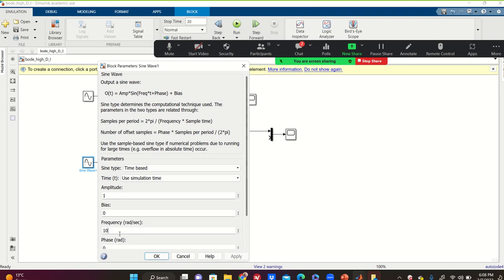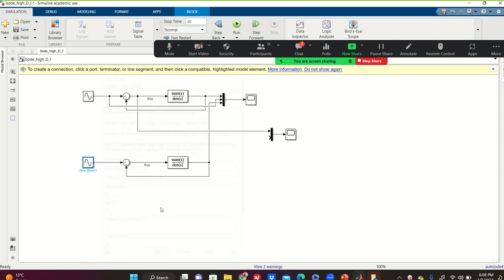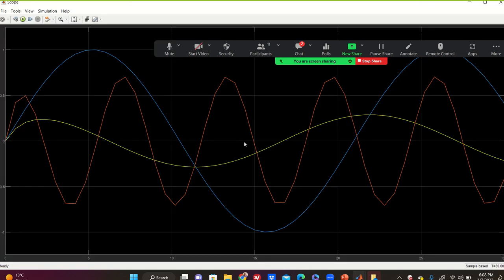Let me put that at 1. Here we go. Do you see? They are closer in amplitude with respect to this. See what I'm saying?